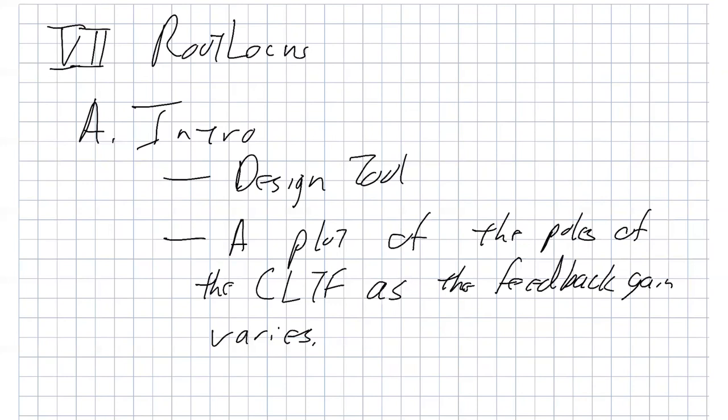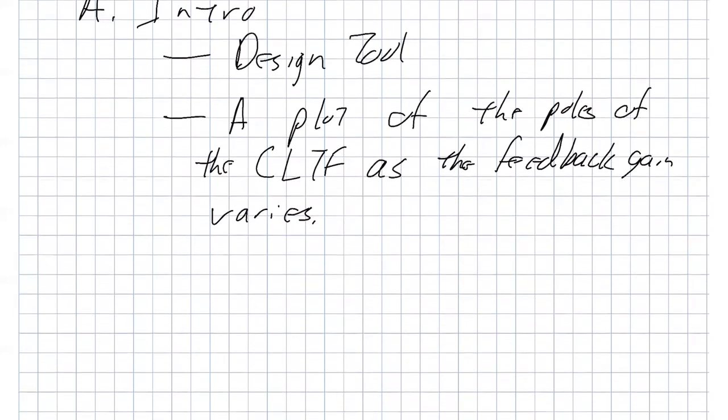Okay, so a plot of the poles, right? That's basically root. The poles are the roots, and then how do those poles move? That's where this locus comes in. And before we get into the details, I think it's easiest to look through a couple of examples.